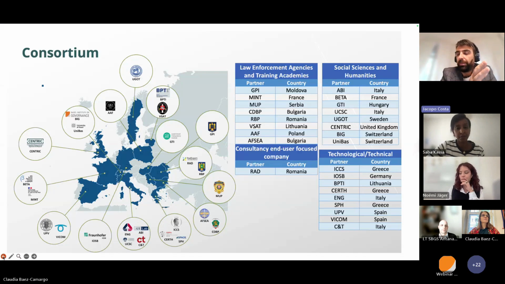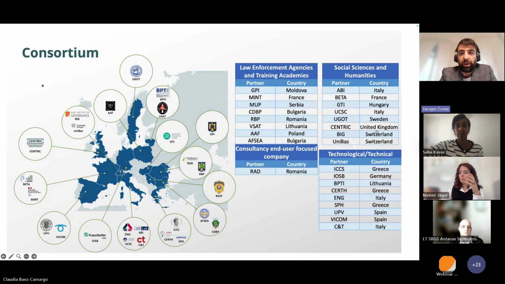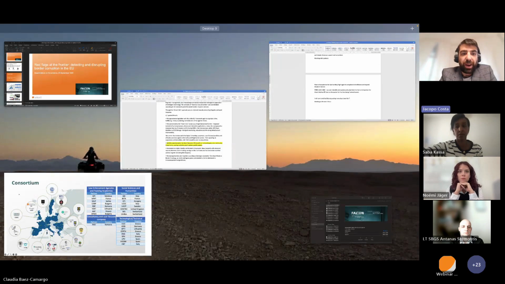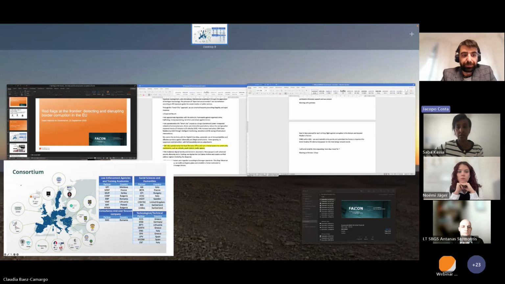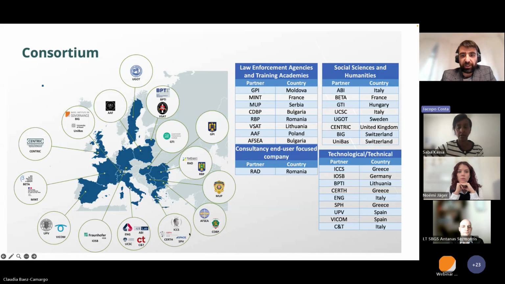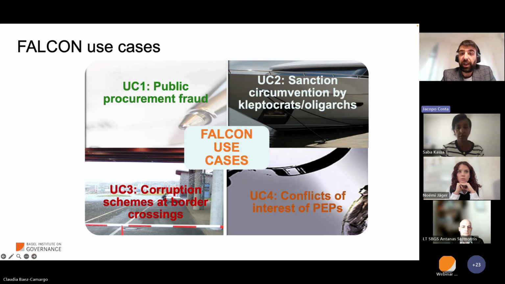I would like to give a brief introduction of what this FALCON project is. We are part of this huge Horizon Europe project made by more than 25 partners all across Europe, from many different countries.